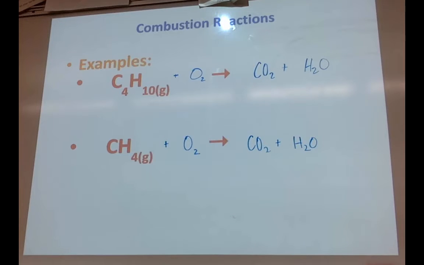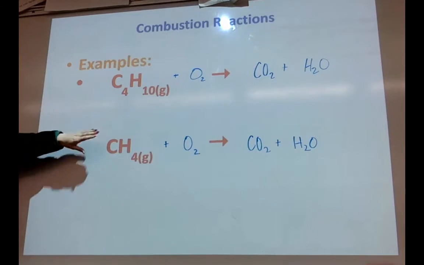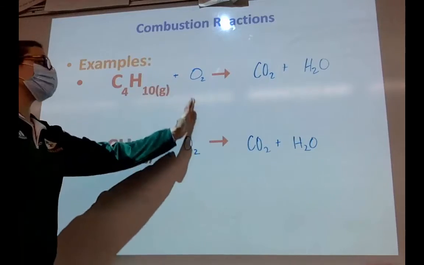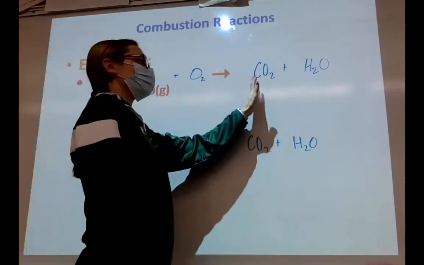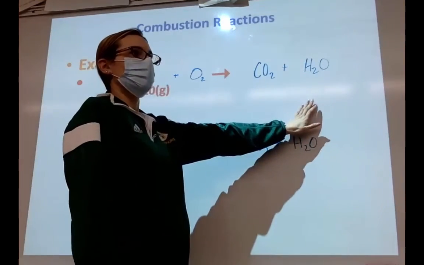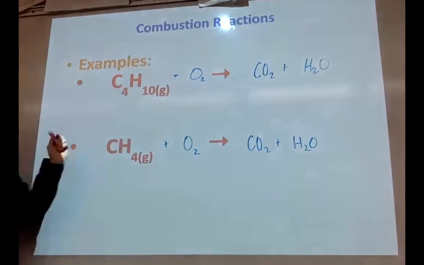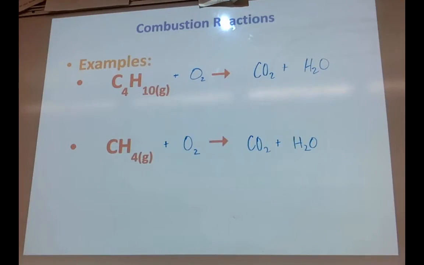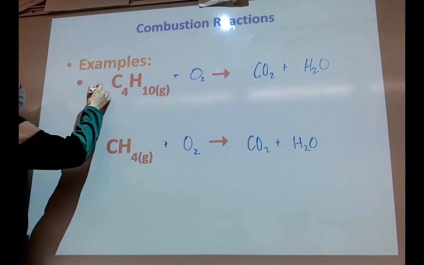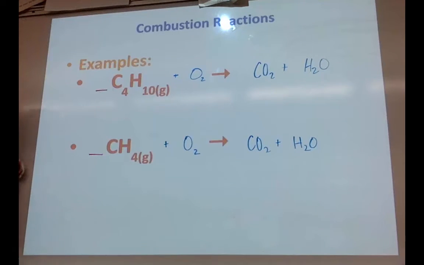So no matter what your hydrocarbon is, if it is combustion, it is always plus O2 yields CO2 and H2O. And then I get the question, well, there are different numbers of carbons and hydrogens and oxygens. That's where balancing comes in. That's where adding our coefficients comes in, putting those coefficients in front to actually balance the entire reaction.